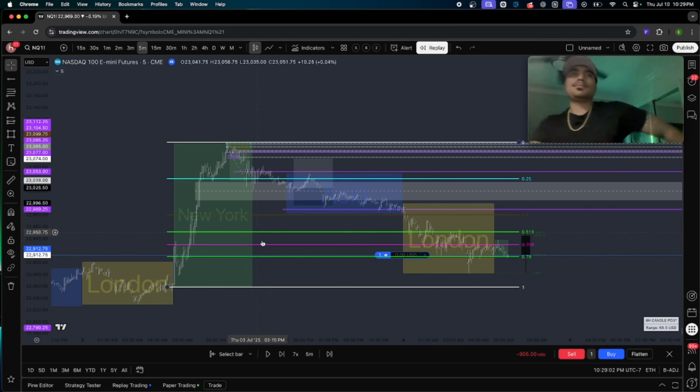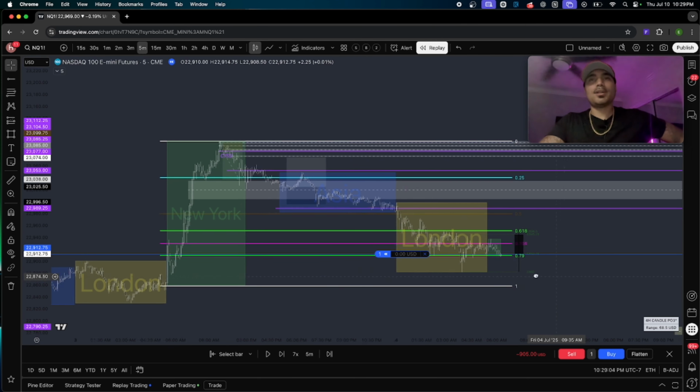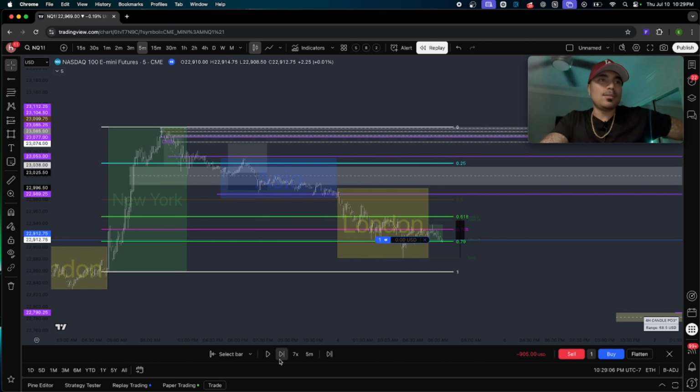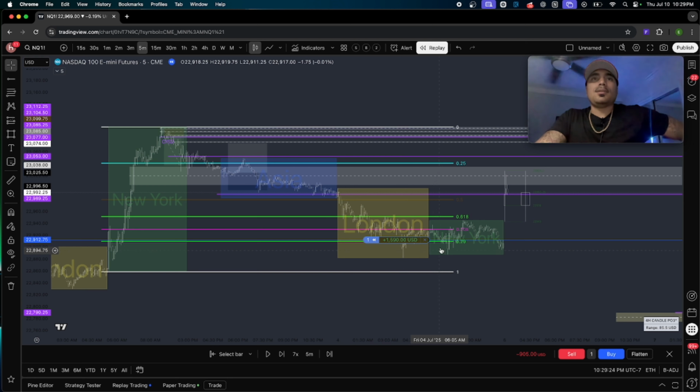Like I said, I'm not even 100% with these entries, but look, price is fluctuating in this zone. Chop. Oh, that was a weak chop. Market closed. Look what happened.